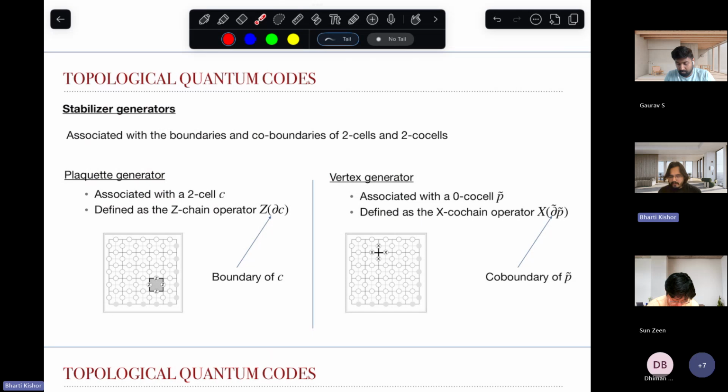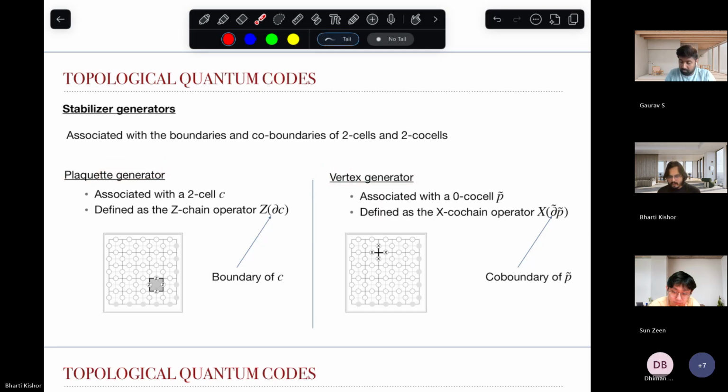Similarly, you can look at some zero co-cell P tilde, and do the same thing. Here we have a boundary, here you do co-boundary, and then you write the corresponding X cochain operator that will give you the vertex generator. So you get plaquette generator and vertex generator in this way.